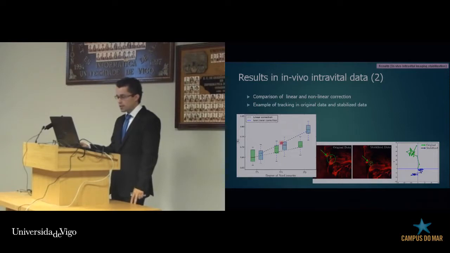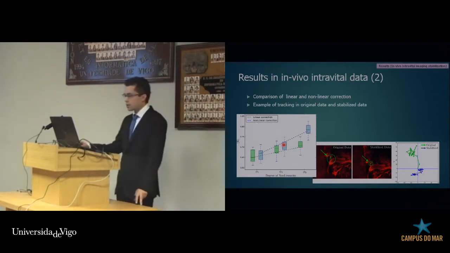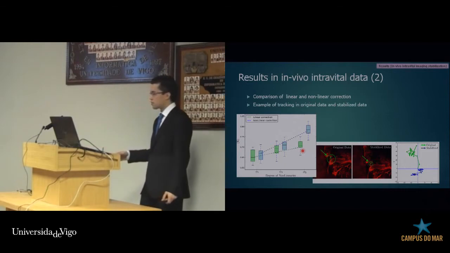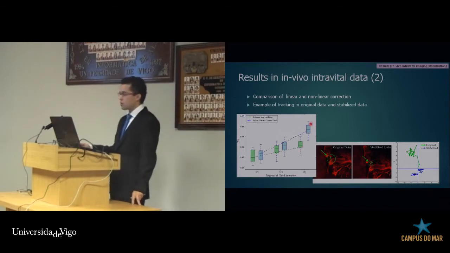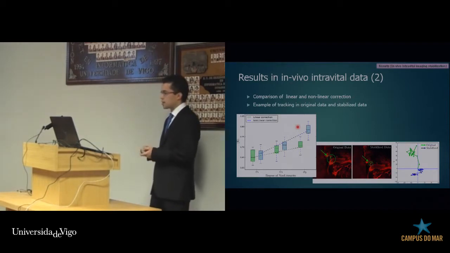You can see in blue that we are using our nonlinear background model, and you can see that you obtain very good results, better than if you use only Fourier transform with log polar transformation and phase correlation.